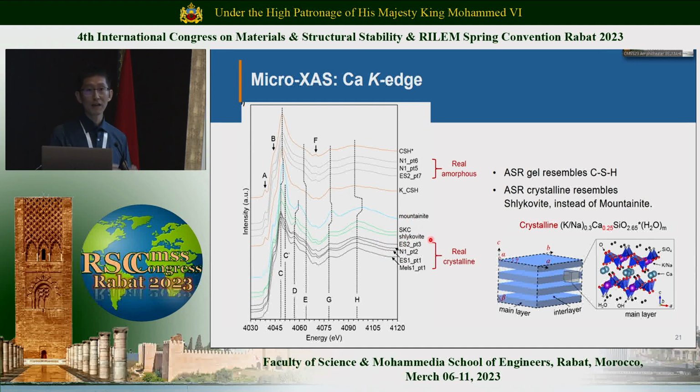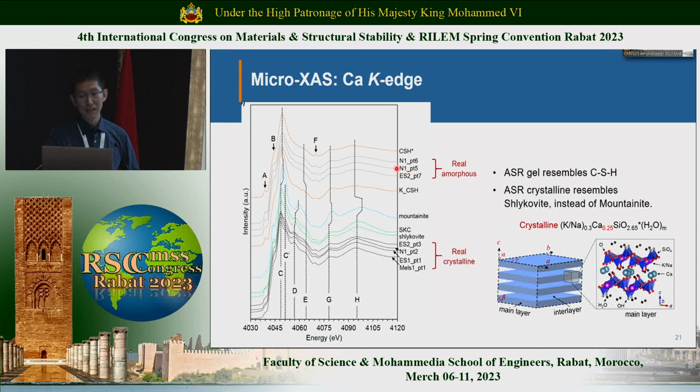We also have other experiments, the micro XRD experiments, and overall we conclude that this crystalline ASR product has a layered silicate structure with the calcium in between two layers and the potassium or sodium embedded in the 8-unit silicate ring inside the silicate layer. That's what we found about this crystalline structure.